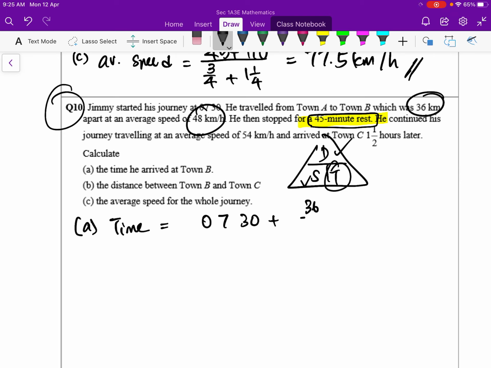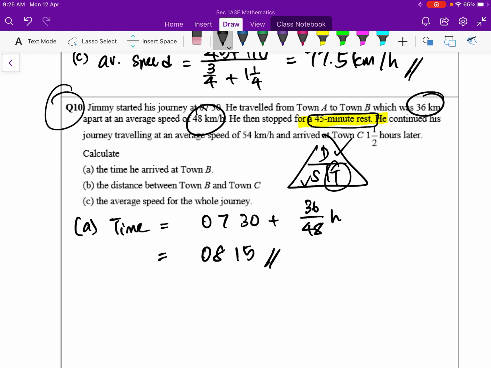So 36 over 48. This 36 over 48 will be in terms of hours. So that is 3/4 of an hour, 45 minutes. So we get 0815.